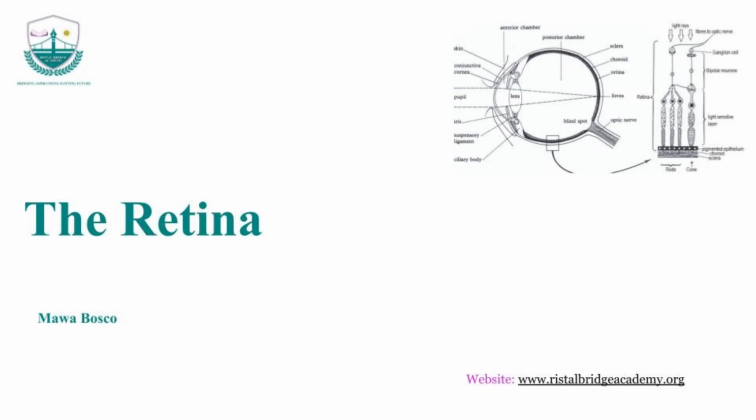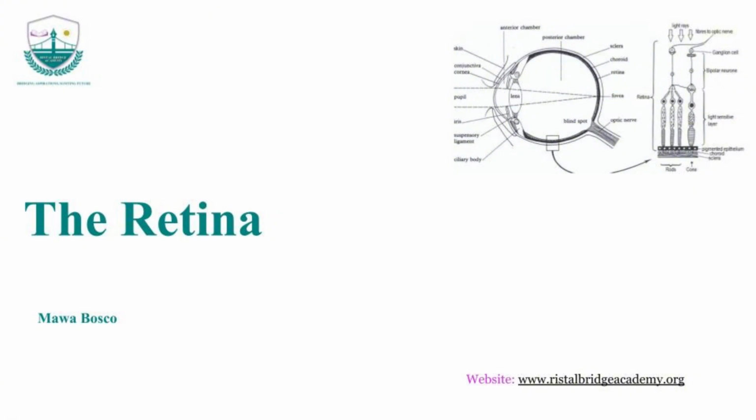So welcome everyone. We have so far looked at what we call sensory receptors. With sensory receptors, we emphasize that they convert stimulus energy into action potentials, and these action potentials are sent to the brain for interpretation.